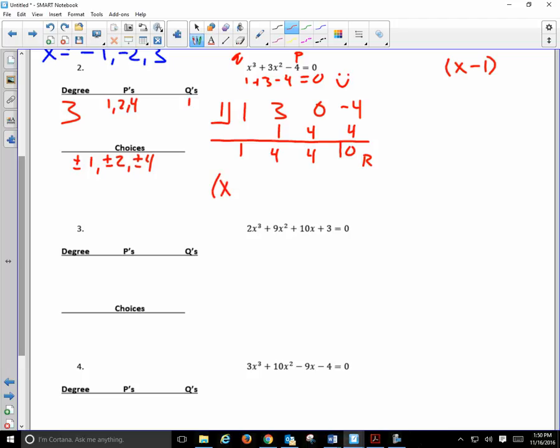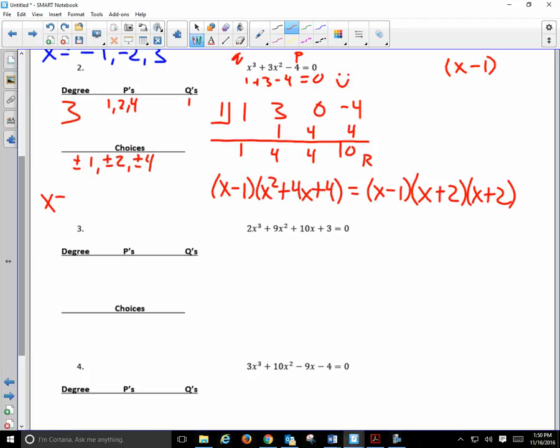It factors to x minus 1 times x squared plus 4x plus 4. Does that factor? So what are my solutions? Negative 2, and 1. You have to write the negative 2 twice or list it as a multiplicity of 2.